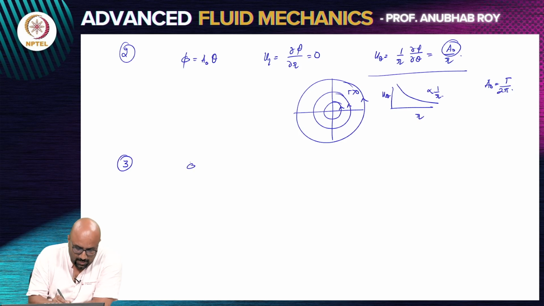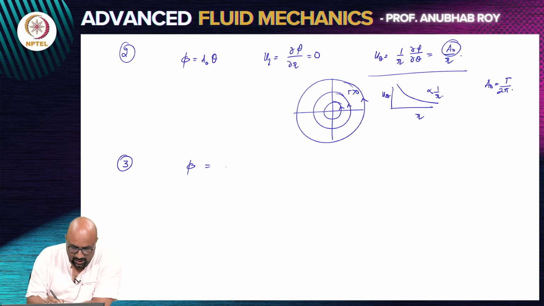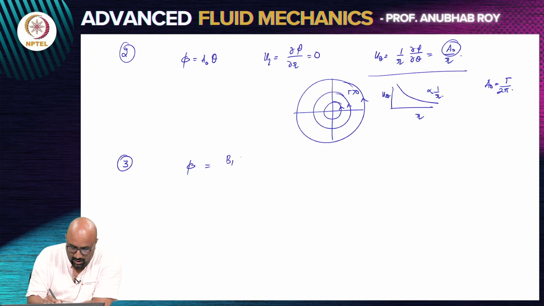Consider one of the solutions that we have here. Let us take the solution which corresponds to n equals 1. In the series solution, I will consider the case of an n equals 1 solution, which was B1 cos theta by r.